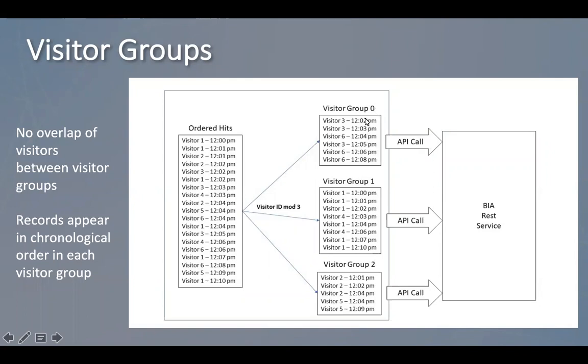And you'll see that each visitor group is also ordered by timestamp and not visitor ID, but there's no overlap between visitors in each group. So 3 and 6 here, 1 and 4 here, 2 and 5 here. This is really the way that you would want to structure it if you did have to do multiple files, or maybe you're running this once a week and there's multiple files. That's just something to keep an eye on.